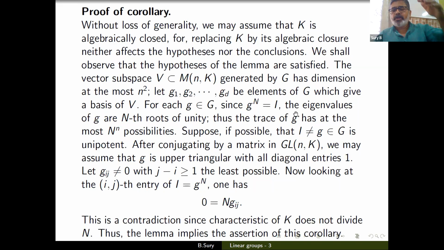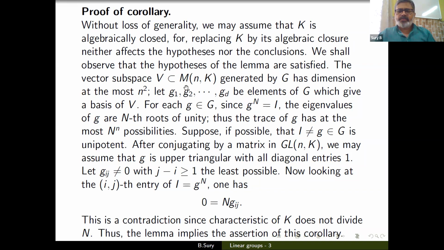I should not have put the whole thing in a single page. Without loss of generality, assume that K is algebraically closed, because you can think of your subgroup of GL_n(K) as a subgroup of GL_n(K bar), K bar being an algebraic closure. So neither the hypotheses nor the conclusion is affected. Now we want to know that Bernstein's lemma can be applied, so we look at the set of traces.